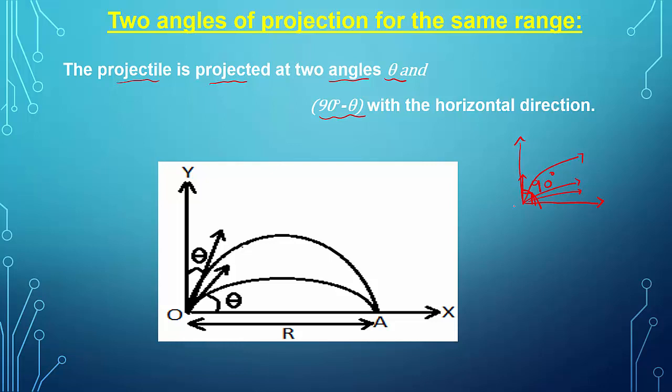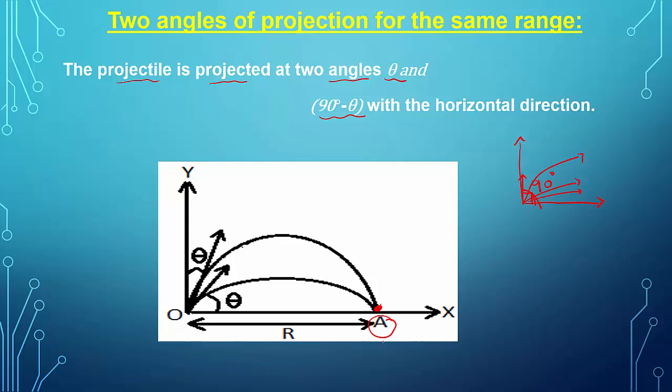We are going to project a body in space. We are going to find two angles of projection for the same range, for the same horizontal range. When I throw a body, you can observe here, it is going to reach the same point A. It is the horizontal range.